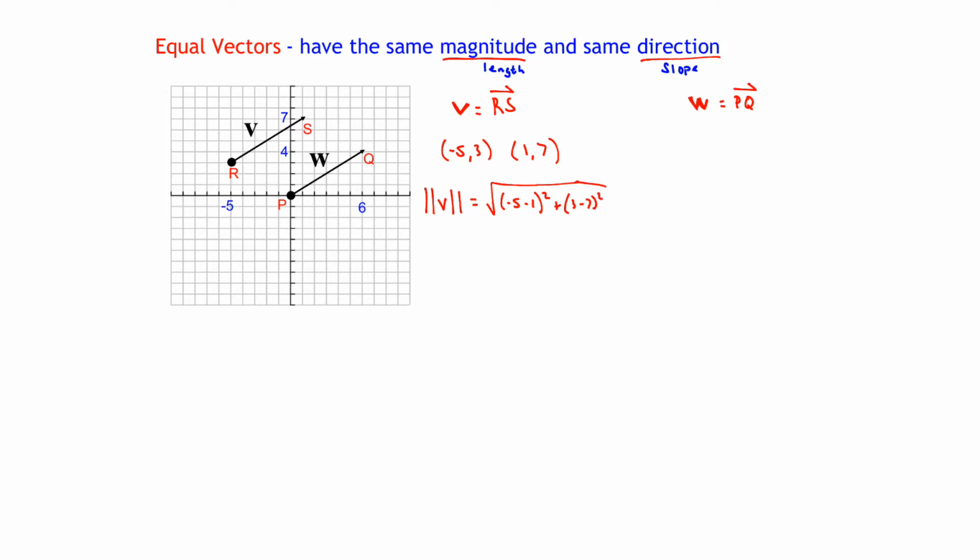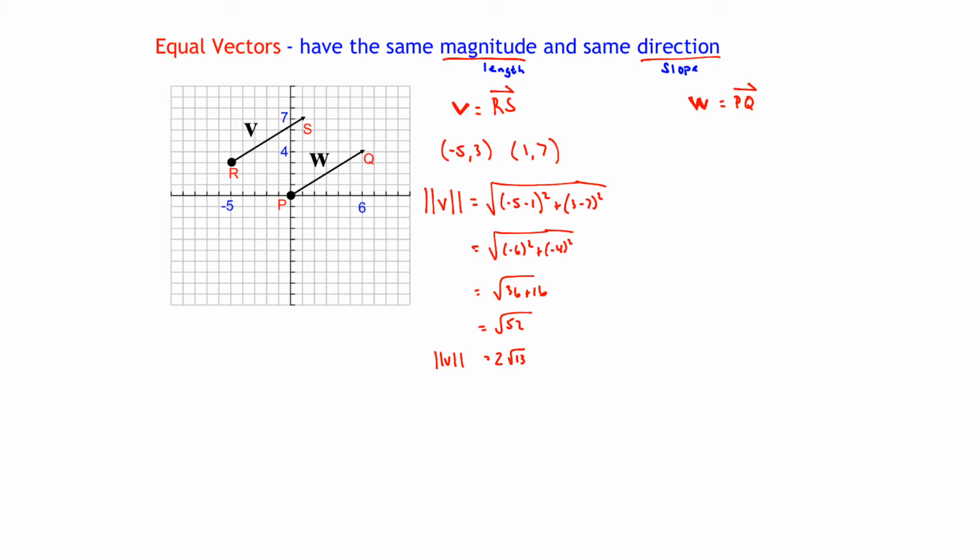Doesn't matter the order that you subtract them, because you're going to end up squaring that number anyways. So -6 squared plus -4 squared, and that'll be equal to 36 plus 16, or the square root of 52, which can be simplified because 4 is a perfect square. And so that'll be 2 square roots of 13. So therefore the magnitude of vector V is 2 square roots of 13.